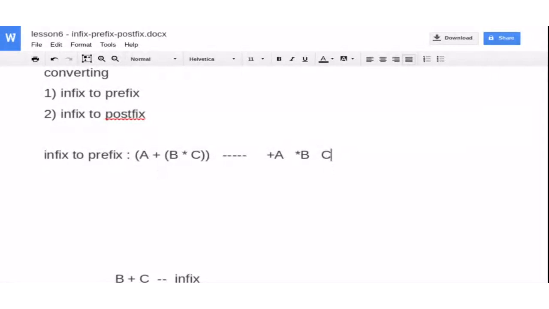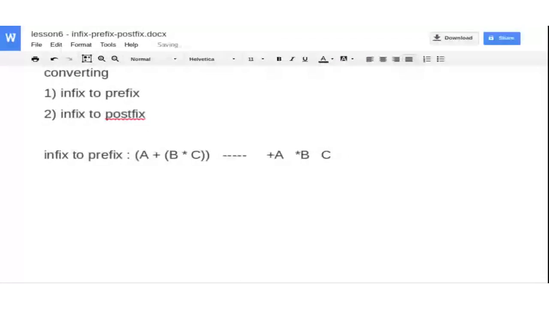Once you have done the fully parenthesizing of your expression, then if it is prefix, move the operator just outside the left bracket of the operands for that particular operator. So what about changing to postfix?